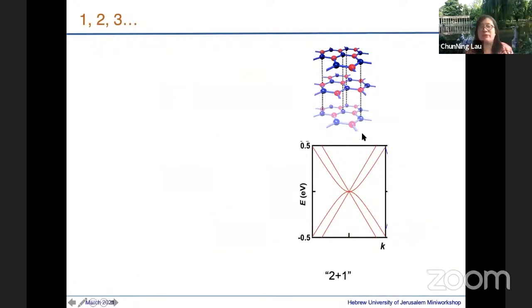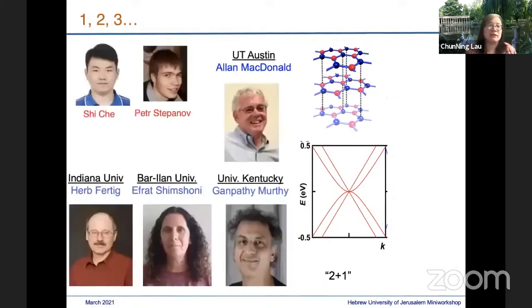Today I'm going to focus just on ABA stacked trilayer, and later I'm going to show one slide of data on tetralayer graphene. This work was carried out in my group by Shi Che and Peter Stepanov. Peter is now in Dima Efetov's group, working on twisted bilayer graphene.